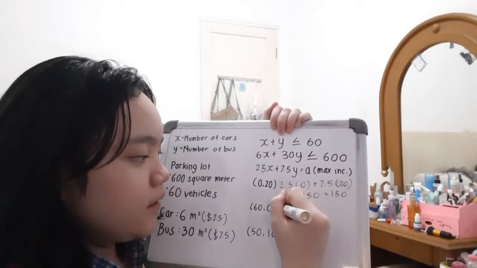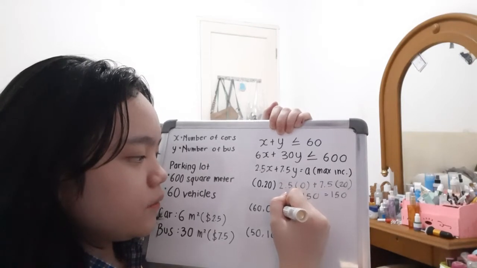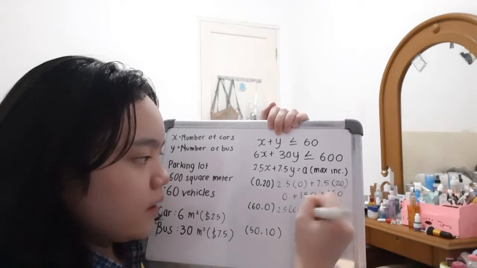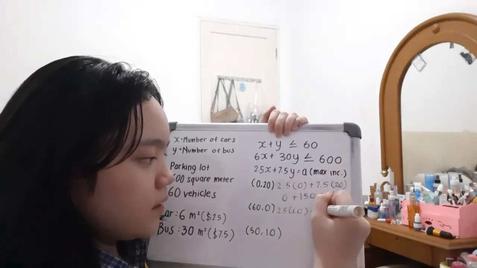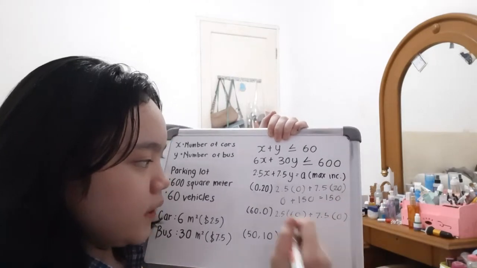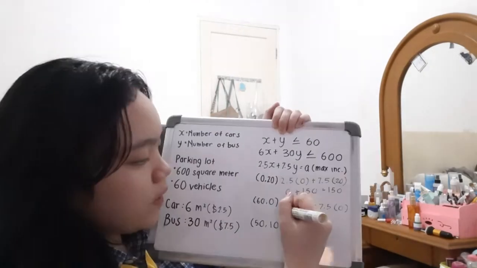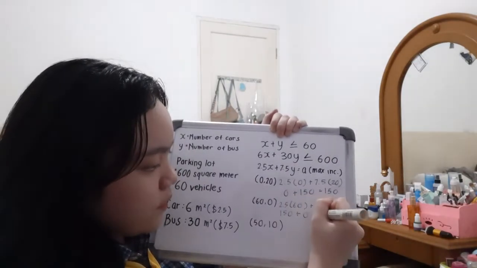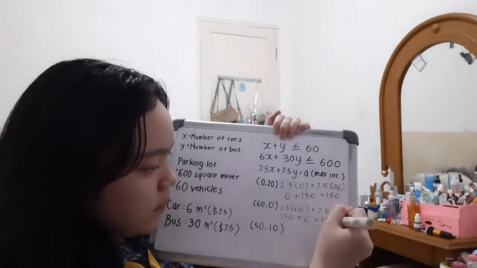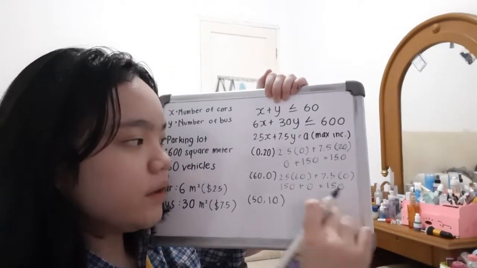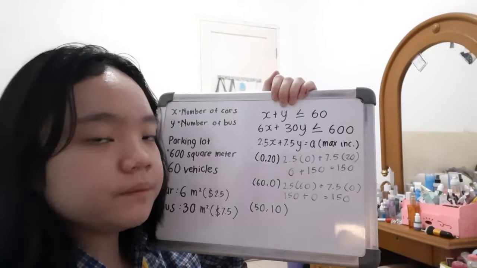For the second, it's 2.5 times 60 plus 7.5 times 0, which will be 150 plus 0, and we will also get the same amount, which is 150. So for both of them, we will get 150.